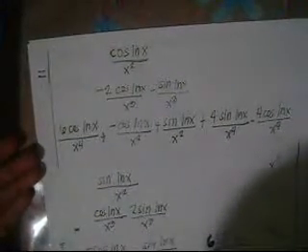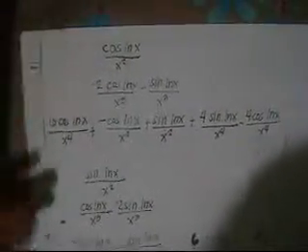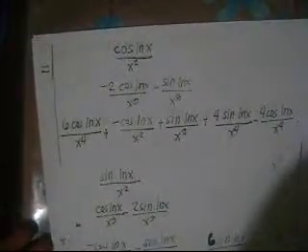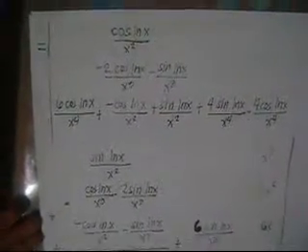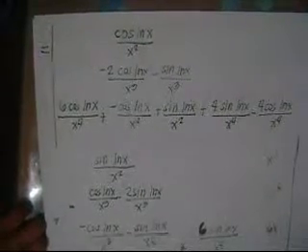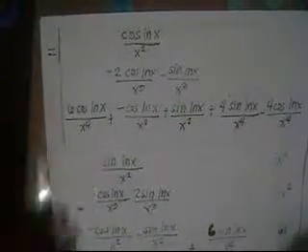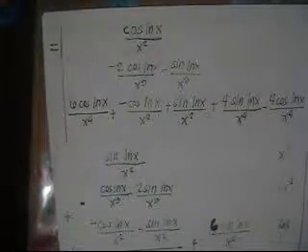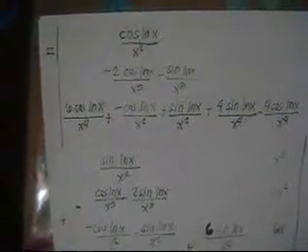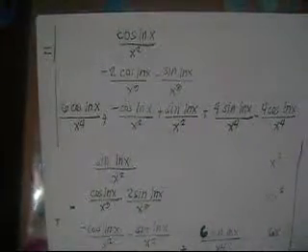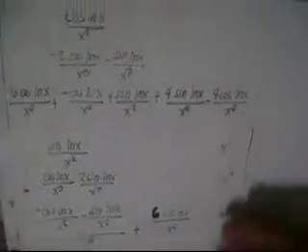We have 6 cos(ln x)/x to the 4th, cos(ln x)/x squared, minus 2 cos(ln x)/x cubed minus sin(ln x)/x cubed, minus cos(ln x)/x squared plus sin(ln x)/x squared plus 4 sin(ln x)/x to the 4th minus cos(ln x)/x to the 4th, sin(ln x)/x squared, cos(ln x)/x cubed minus 2 sin(ln x)/x cubed minus cos(ln x)/x squared minus sin(ln x)/x squared, plus 6 sin(ln x)/x to the 4th, and then for y3: x cubed, 3x squared, and 6x.